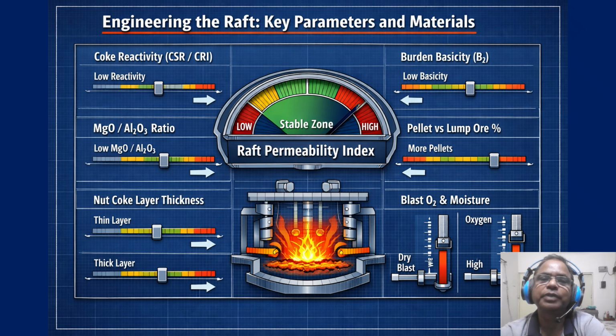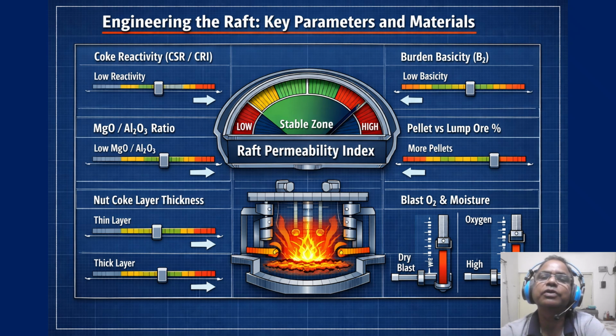Third, pellet to lump ratio. More pellet gives you a tighter raft, sometimes too tight. Fourth, nut coke layer. You think nut coke is just filler. Wrong. Properly layered nut coke creates micro windows for the gas. It's like adding ventilation ducts inside the raft. Fifth is the blast condition, oxygen and moisture. This directly changes the flame temperature entering the raft.